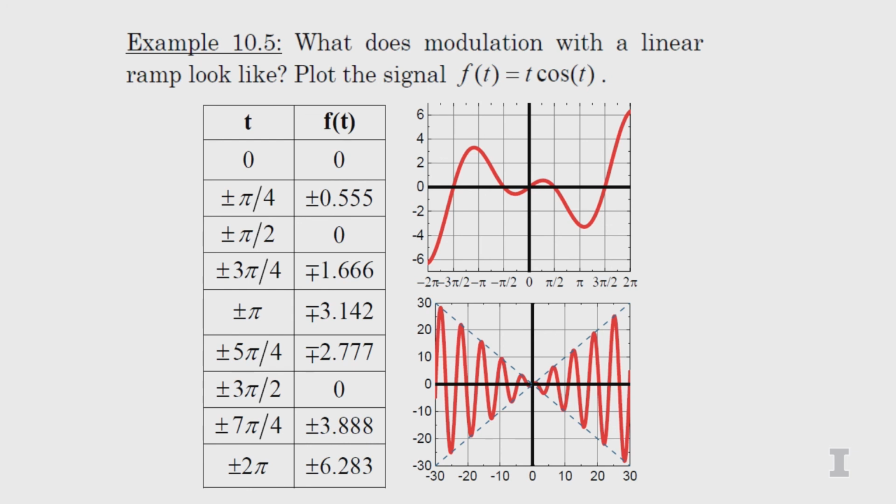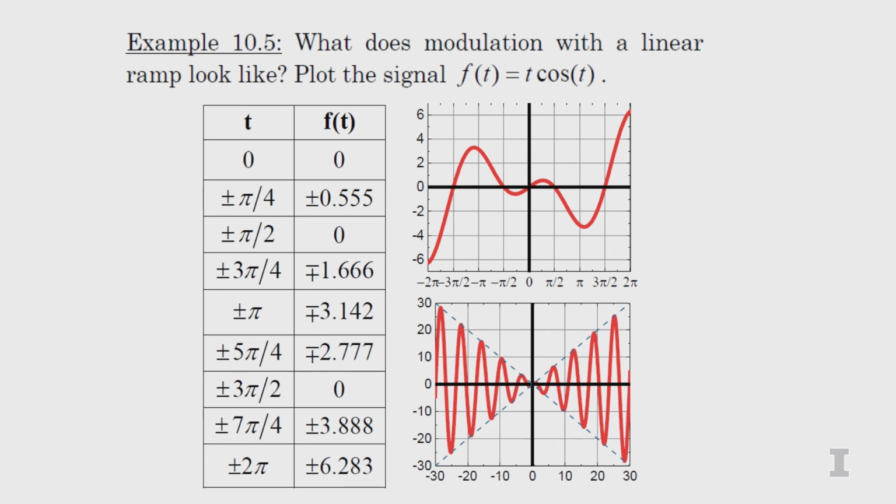Here's an example of a linearly modulated signal. It's periodic, but the amplitude is getting smaller, and then it's getting larger here. We can contain the entire signal using a line: x equals y, and x equals minus y. So we're putting the original signal in what's known as an envelope. Here it's a linear envelope, and this is known as modulation.